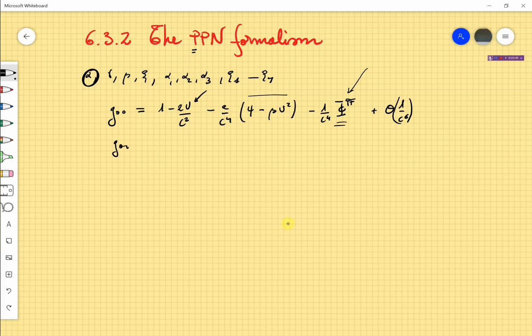G0i is given by 1 over C cubed. The orders are the same because the arguments that led us to expand the metric in the way we did for GR are exactly the same. But of course, this dependence is different. So this is 2 times 1 plus gamma plus a half of alpha 1, multiplied by the potentials Ui, plus 1 over 2 C cubed, and then a bunch of terms.